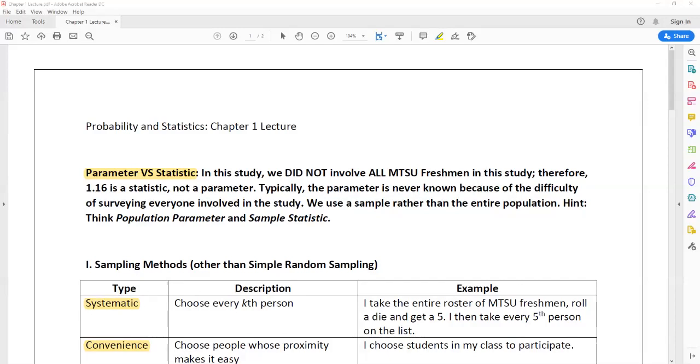But if brother is not present, then the 190 would simply be a statistic. A statistic is weaker than the parameter. The parameter is always considered to be perfect if everyone can participate and give you the data that you need. But if you have to estimate by using a sample, then you would call that result a statistic.